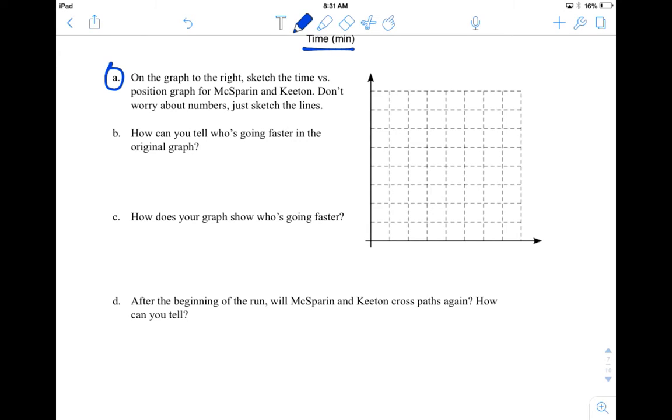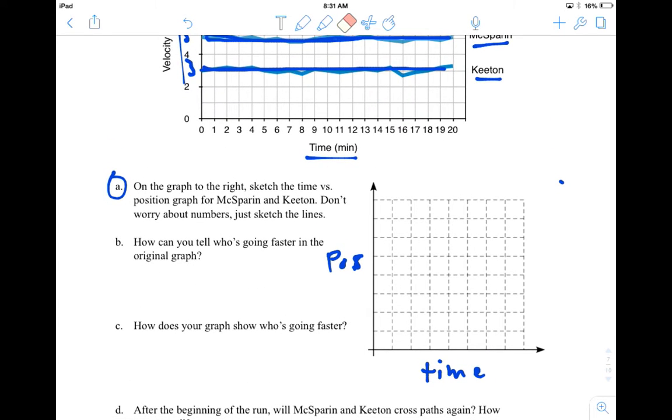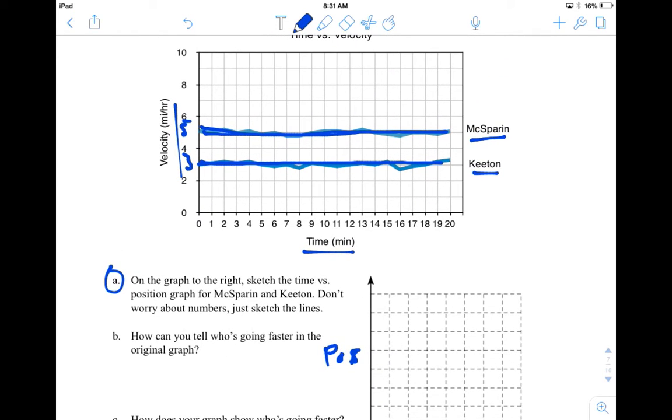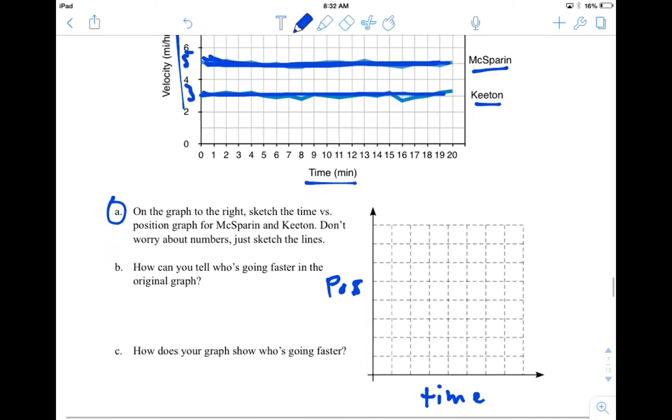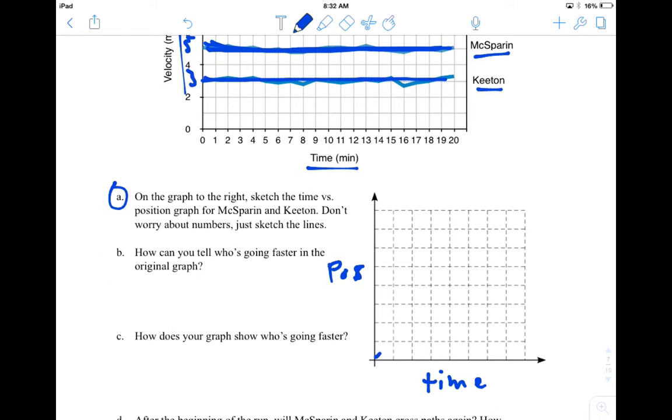So I've got time and I've got position. It says don't worry about numbers, so I'm not going to worry about numbers. I'm just going to sketch the shape. I know I'm going to have two lines on here because there are two different things going on. McSparron's velocity is really flat, so it's staying constant, and I know that's going to be a straight line on my graph.